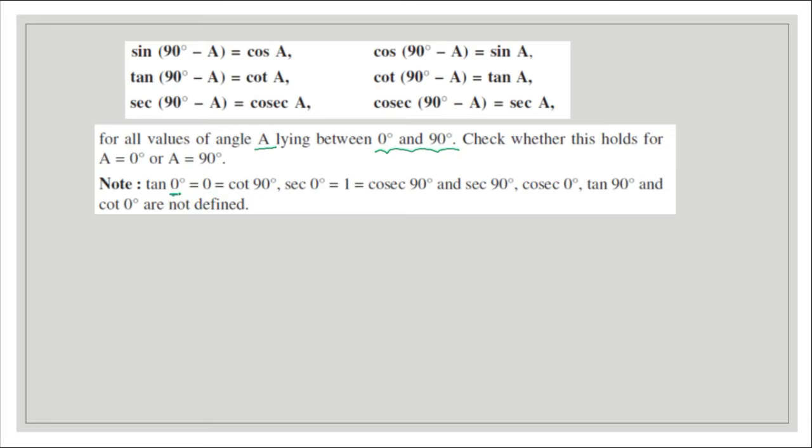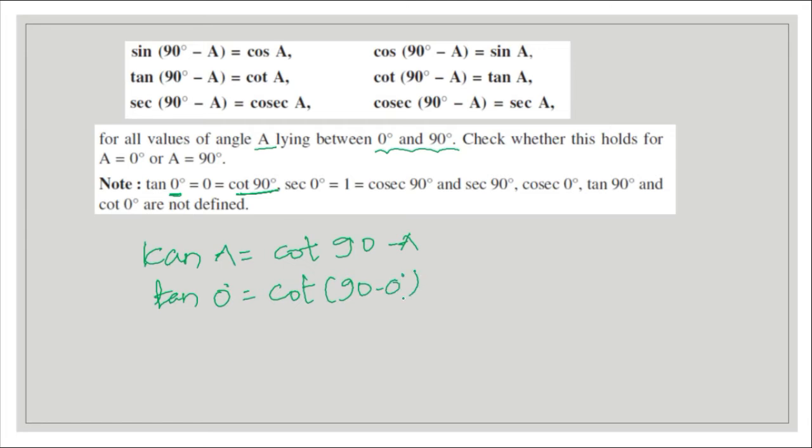So tan A equals cot of 90 minus angle A. Considering tan 0 degree, we get cot of 90 minus 0 degree, which is nothing but cot 90 degrees.